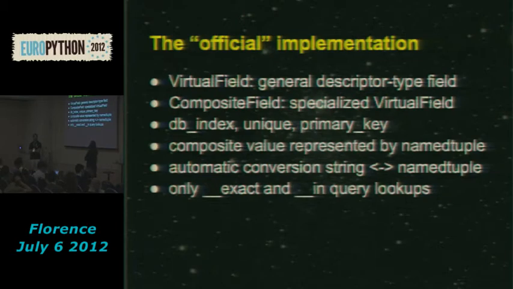The subclass is required to make it possible to automatically convert the value to a string and back again. Yeah, and as far as query set lookups go, only exact and in are supported. I don't think any others make much sense.